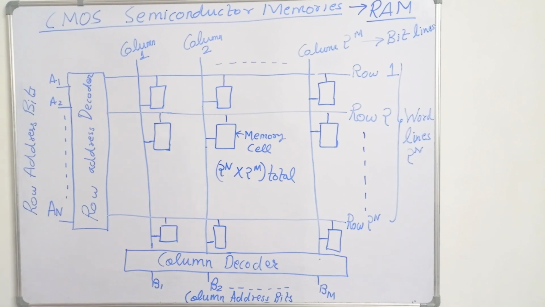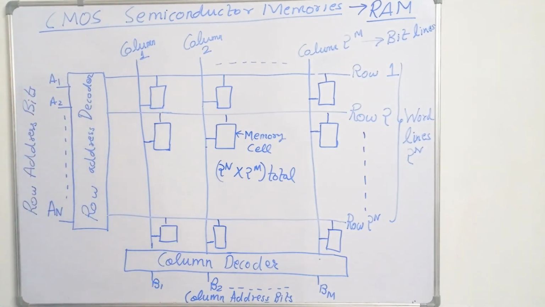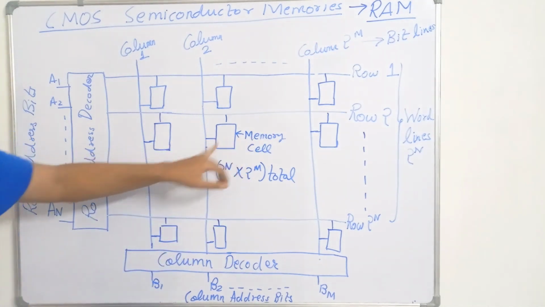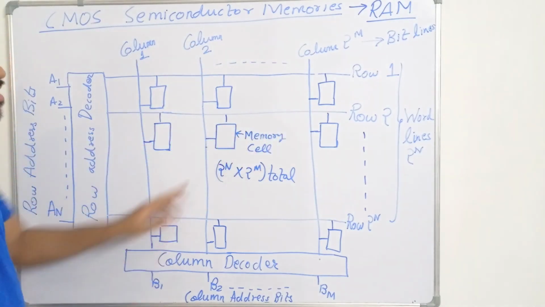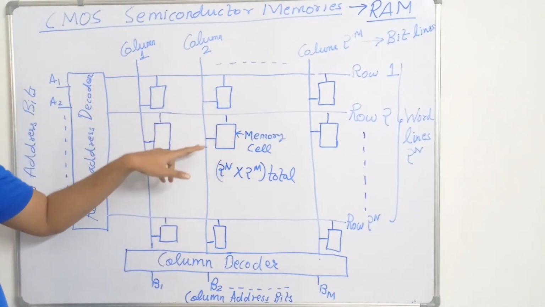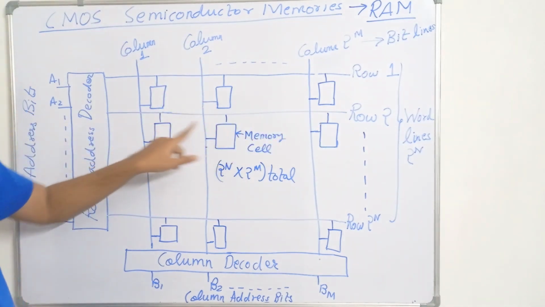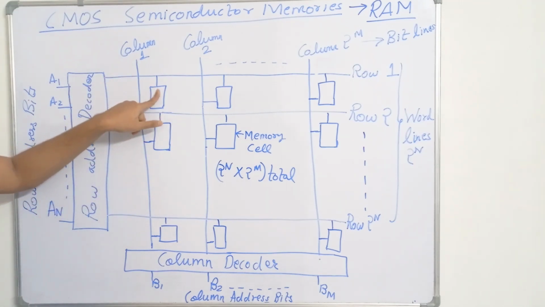To access a particular memory cell, the corresponding bit line must be selected. Suppose I want to access this cell, then I have to select the second column and second row, because this cell is part of the second column. This cell is connected to the second column and the second row. Similarly, this cell is connected to the first column and second row. This cell is connected to the first column and first row.